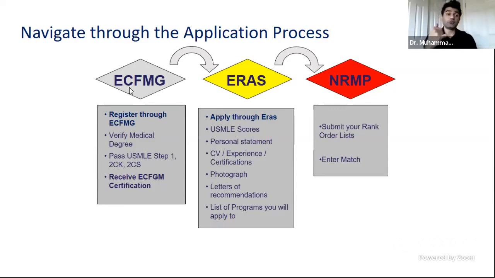Then you will fill out the application for the exam. They will process your application for Step 1, Step 2 CK, and CS. Once you pass Step 1 USMLE, Step 2 CK USMLE, and Step 2 CS, CK is Clinical Knowledge and CS is Clinical Skills.